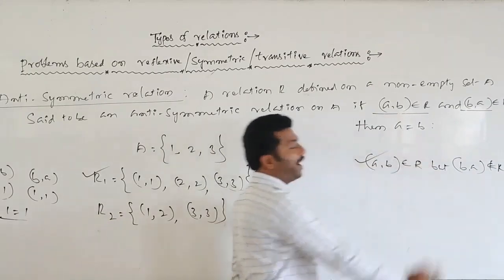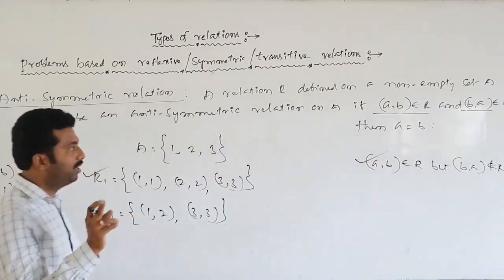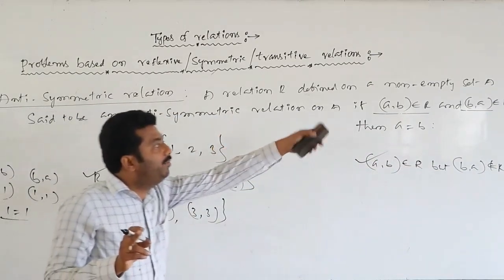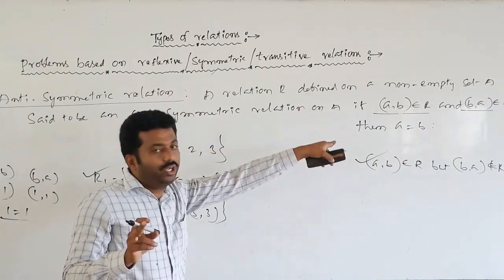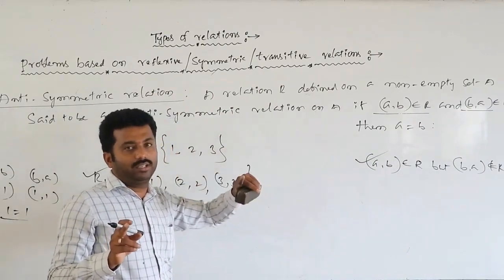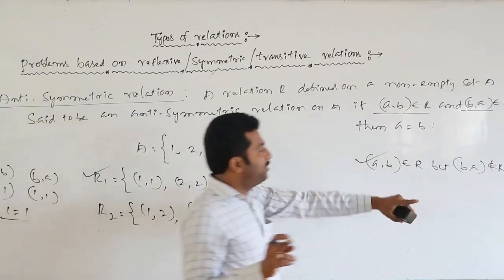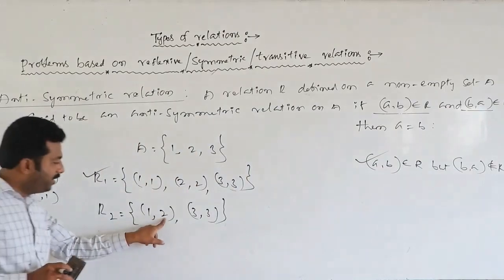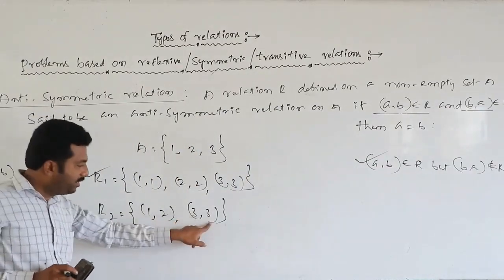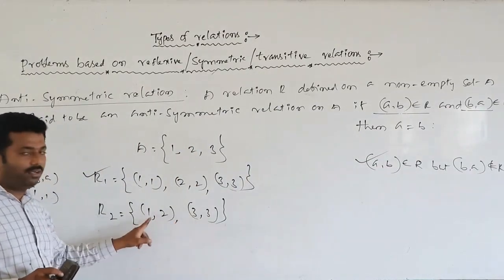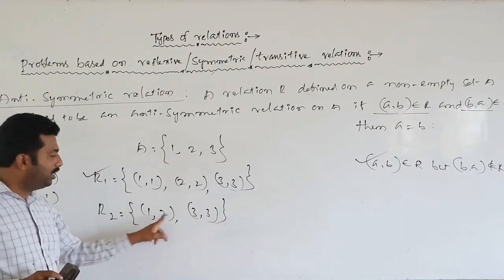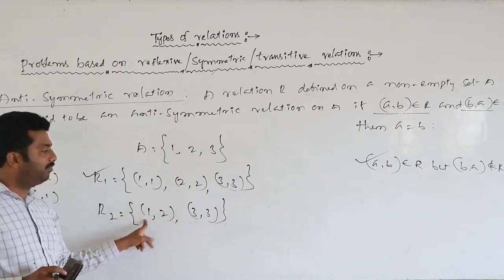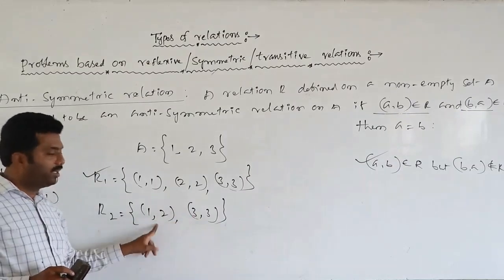Trivially, this is an anti-symmetric relation. You remember, if (A, B) and (B, A) both are there, we have to check whether A equal to B or not. If AB is there and BA is not there, then trivially it is an anti-symmetric relation. Here there is no (A, B), (B, A) pair both there.